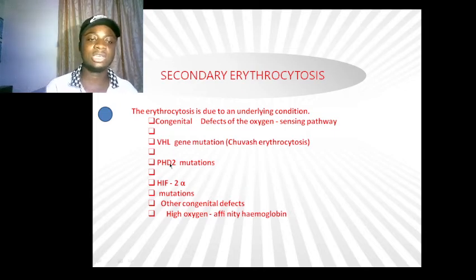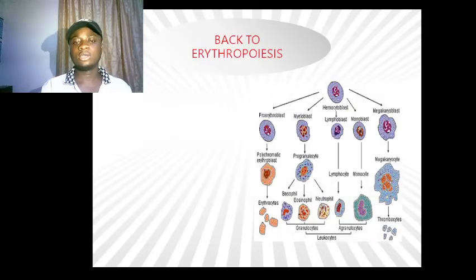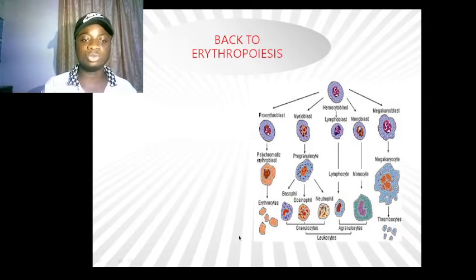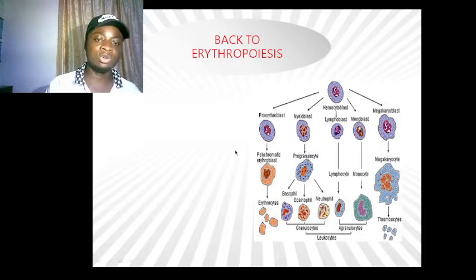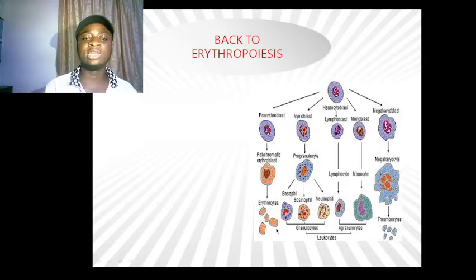But how does it occur? Let me take you back to erythropoiesis. Okay, so if you look at this cell lineage, the hematopoietic stem cell will give rise to the erythrocyte. But what I want you to take from here is that erythropoiesis is regulated by a hormone. What's that hormone? I hope you remember. Called erythropoietin.